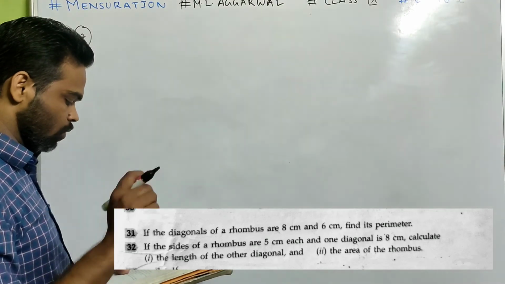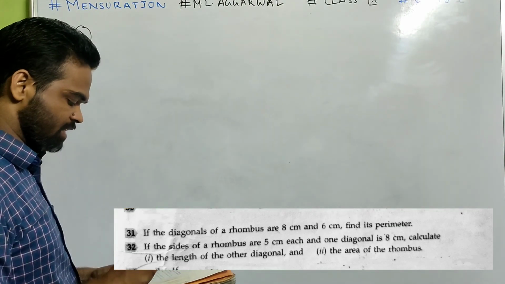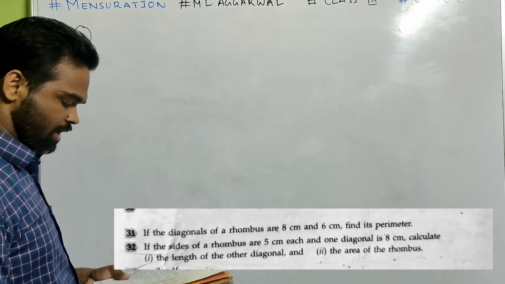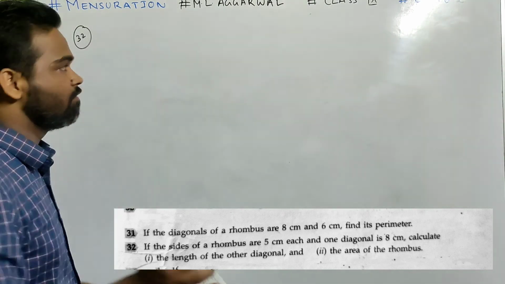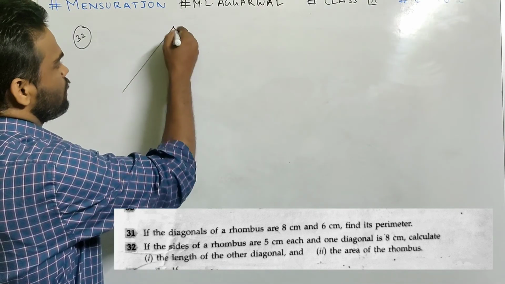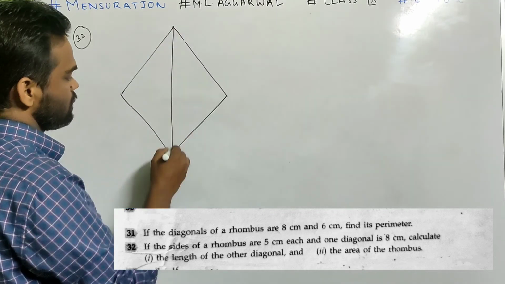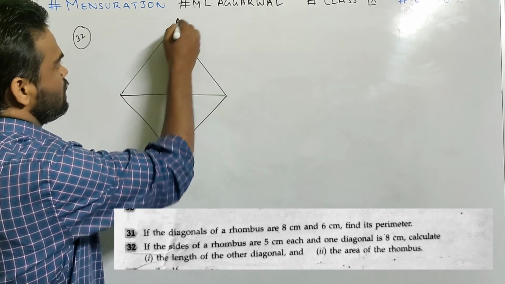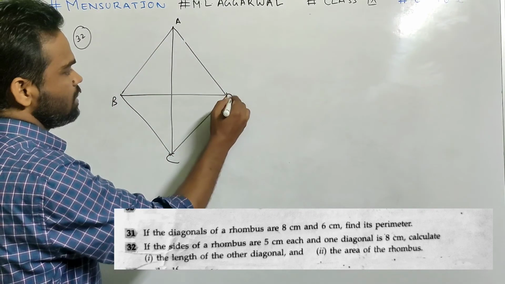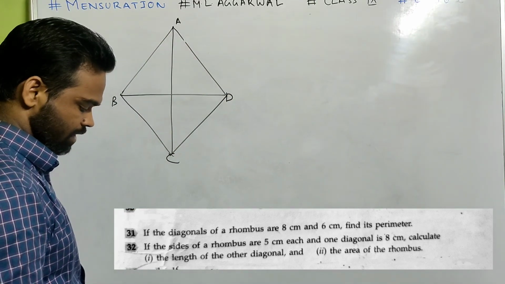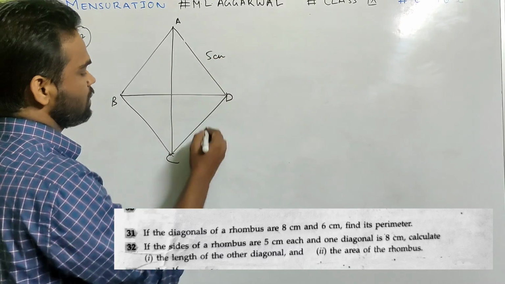Now look at 32. If the sides of the rhombus are 5 centimeter each and one diagonal is 8 centimeter, calculate the length of the other diagonal and the area of the rhombus. Very easy. You draw the figure first. This is one diagonal, this is the other diagonal, A, B, C, D. If the side of the rhombus is 5 centimeter, this is 5 centimeter.